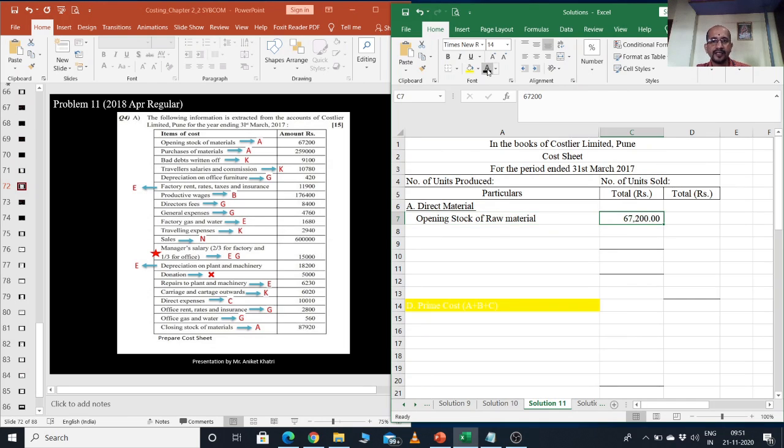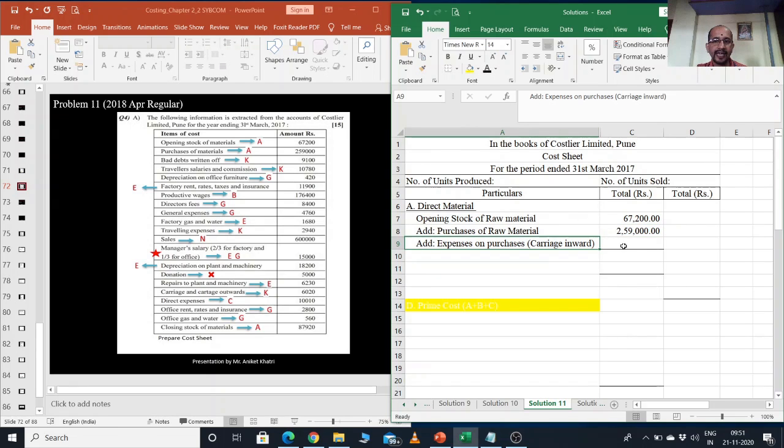It is 67,200. We need to check the items sequence as per our original format, and then we write. Next we need to add purchases. It is 2,59,000. We need to add expenses on purchases, that is carriage inward, but here it is not there, so we write 0.